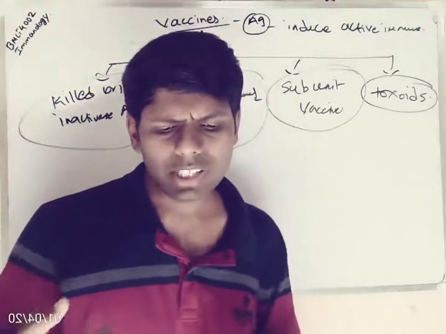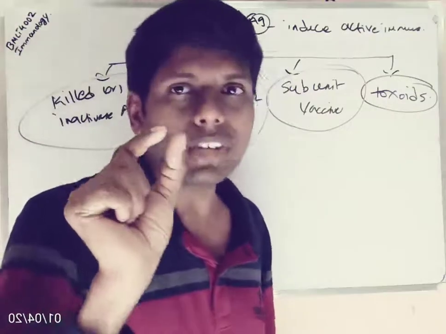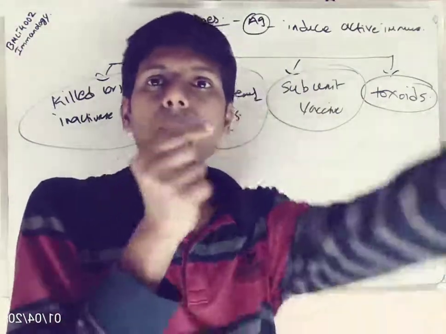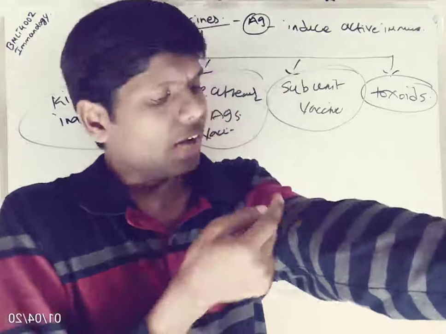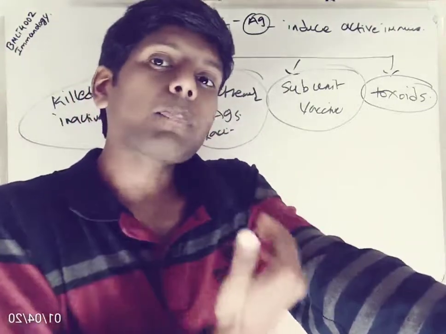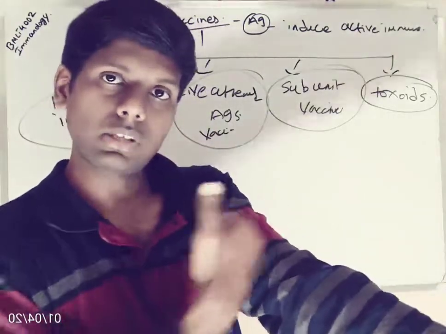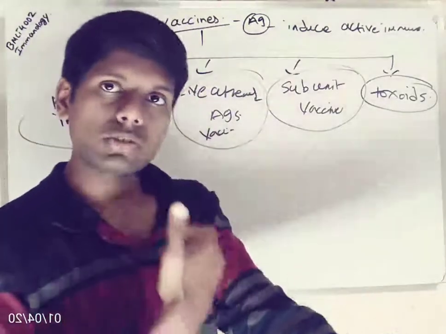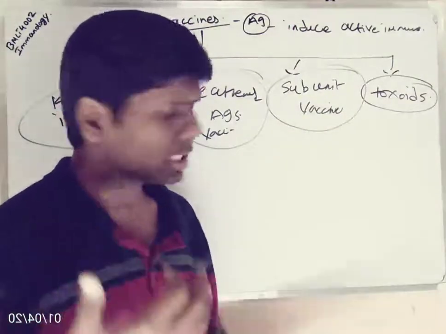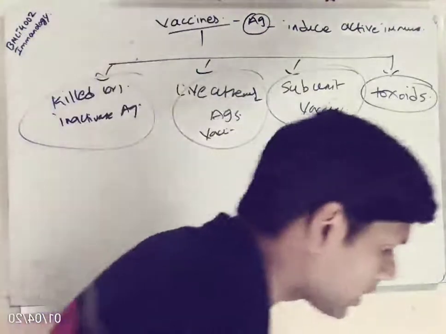So what I will do is take the toxin that is secreted by the bacteria and give this toxin in a mild form into the body. After giving a mild form of toxin, the body will start producing antibodies towards the toxin, and the immune system will neutralize the toxin, and we will become immunized to the toxins. So this is how toxoids work. Toxoids are the toxins. So let us see examples for each.